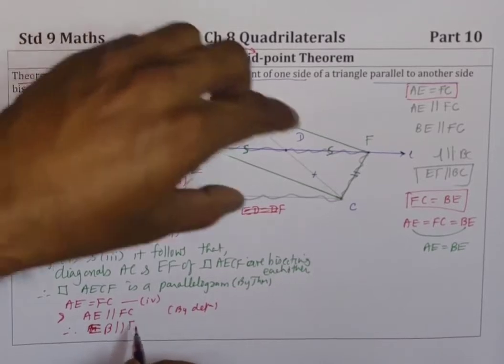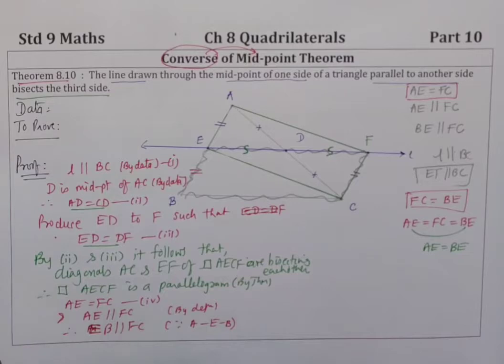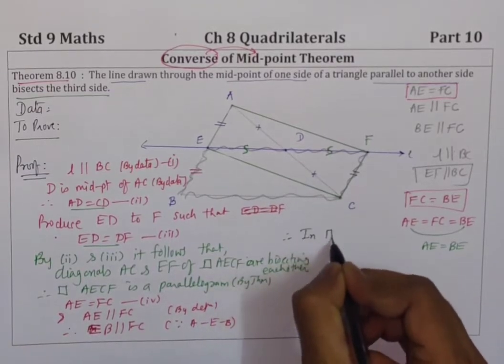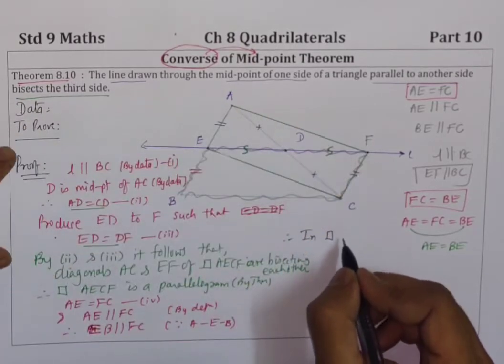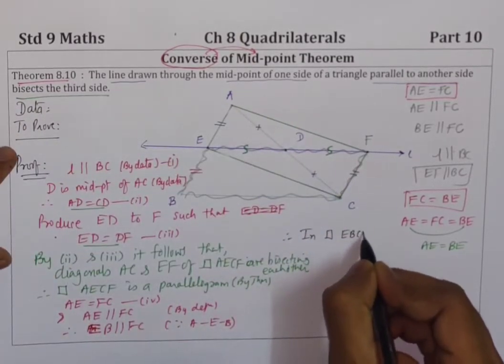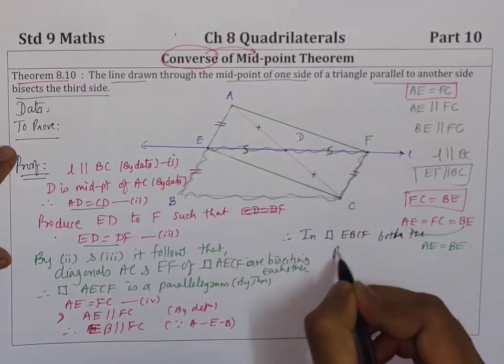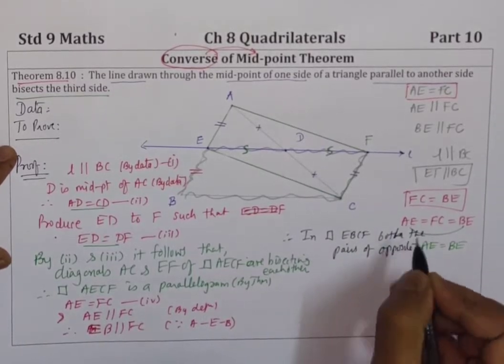Therefore, EB is parallel to FC, because E, A, B is a line. Therefore, in quadrilateral EBCF, both pairs of opposite sides are parallel.